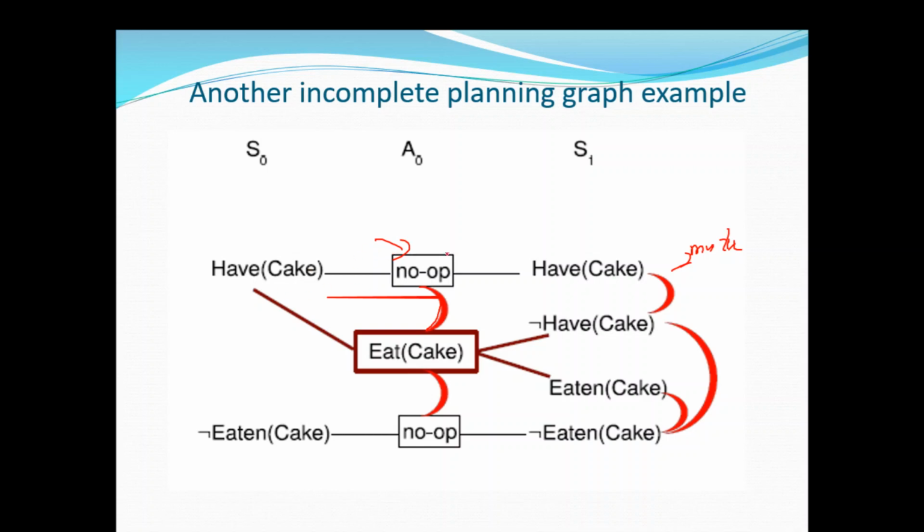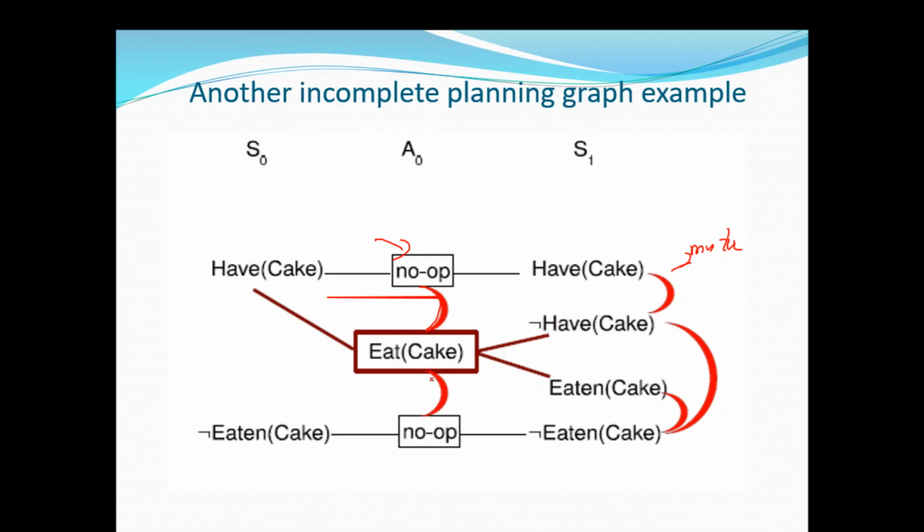If one thing is happening, then the other cannot happen. So here this link is called a mutex link. Wherever two things cannot happen simultaneously, that is called mutex links. Somebody having a cake can eat the cake, and if he doesn't eat the cake, then he will have cake. So these two events are mutually exclusive.